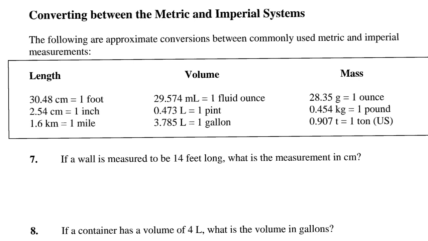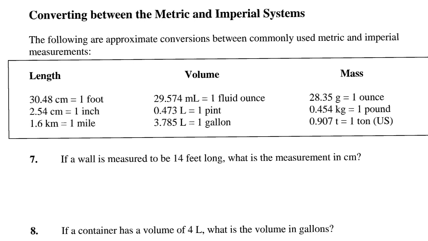Okay? Now, all of these equivalences can be used to help us find a distance in either imperial or metric, and we're going to use the same method that we used within each system to convert to the new system.